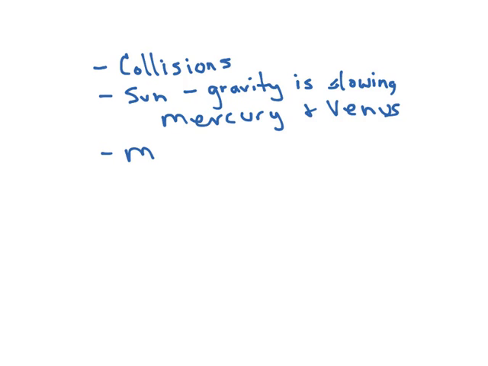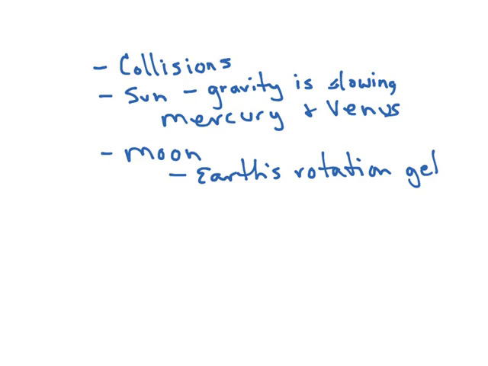If you have a moon, that can make an effect. In the case of our Earth, Earth's rotation is slowing because of our moon, because of tides. So lots of things go into this.